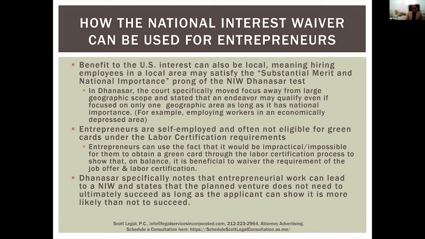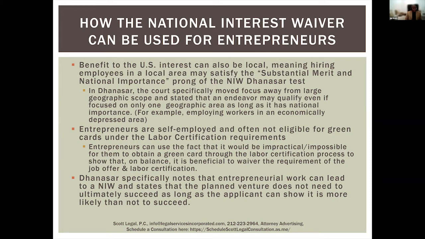Do they have letters from others that say that this is going to be something that's going to be successful? All of those things can show that the person's well positioned to advance the endeavor. But it does have to be very, very specific, and often that well positioned to advance the endeavor can be a very, very difficult prong to overcome in the national interest waiver analysis.